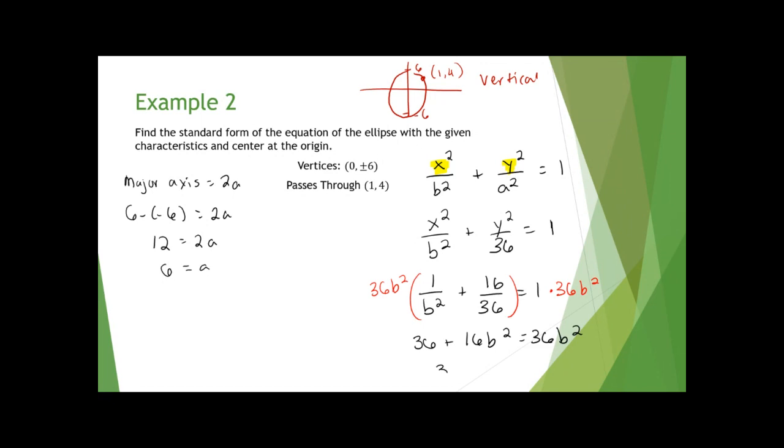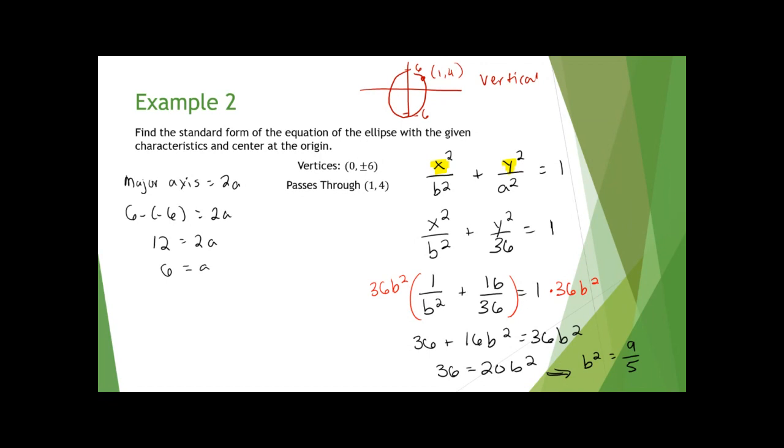Subtract 16b squared from both sides. We get 36 equals 20b squared. So then 36 divided by 20, that's going to give us a fraction. And we can reduce that. So 36 over 20 reduces to 9/5. You can divide them both by 4. That looks much, much better.